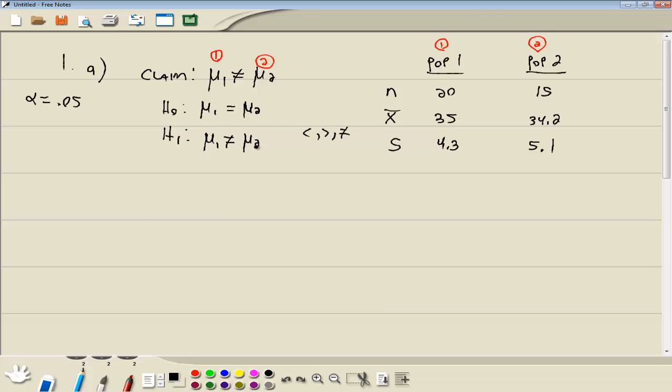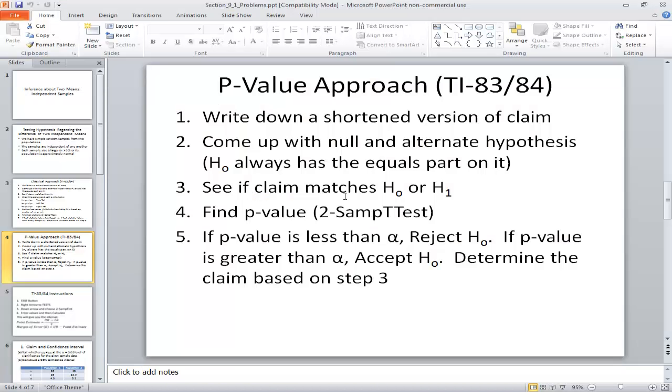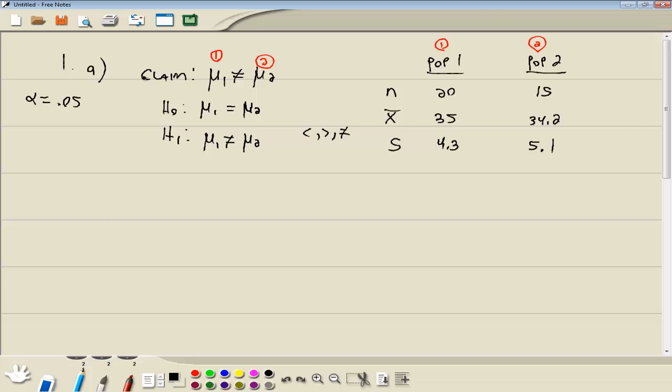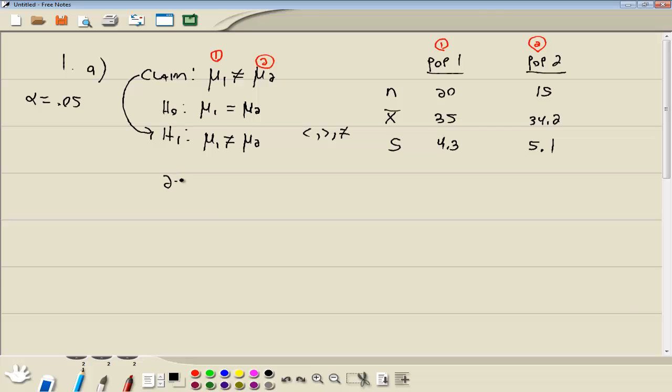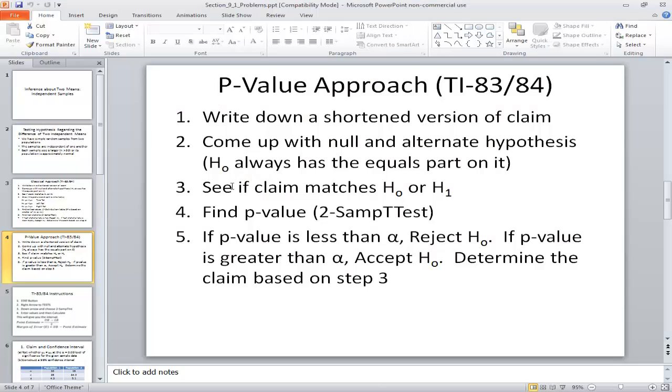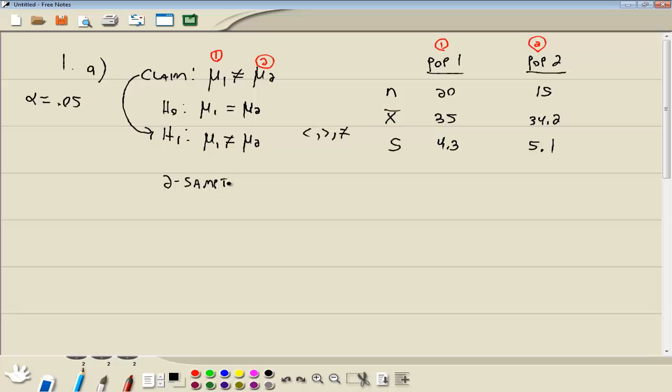There we go. Okay, step 3. See if your claim matches H0 or H1. Well, this matches H1 because they both have a not equal to on them. Then we're going to find the p-value, and it says use 2-SampTTest.